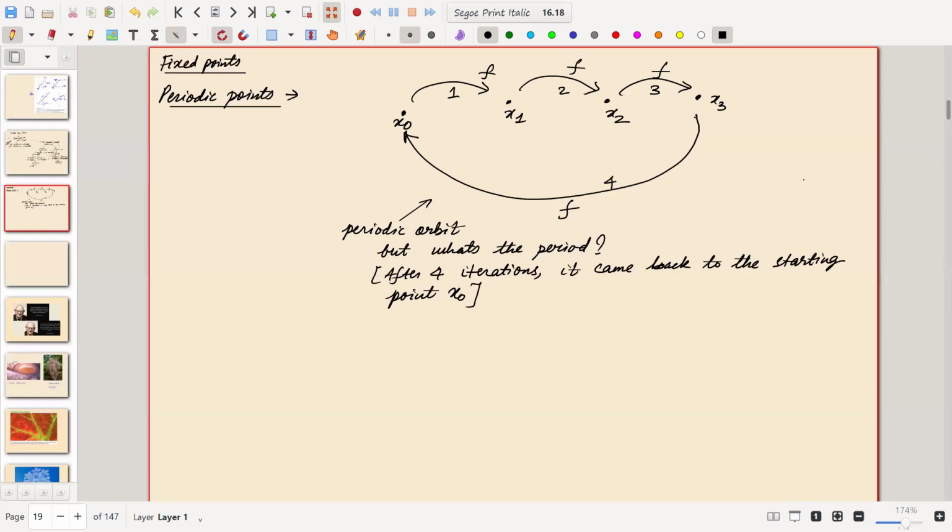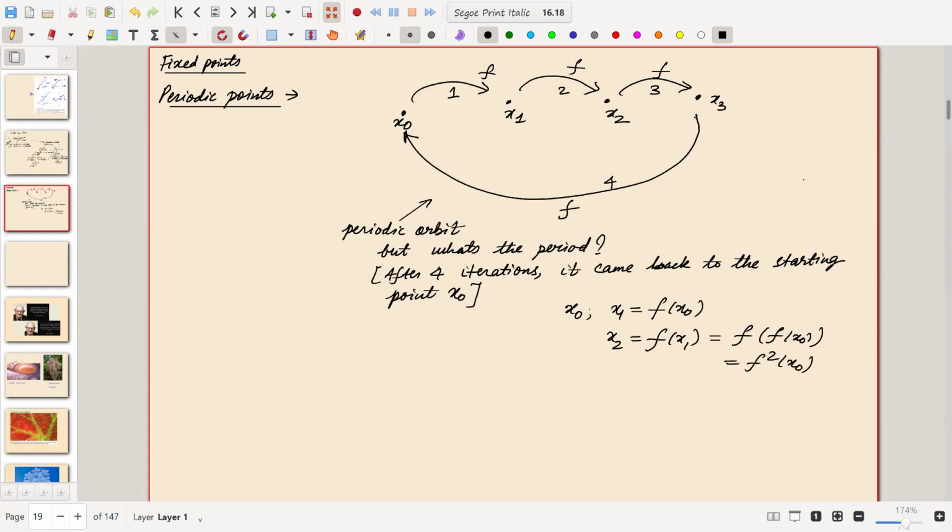Can you observe something here? What is x1? f of x naught, right? What is x2? f of x1. But x1 is f of x naught, so x2 is f of f of x naught, that is f squared of x naught.